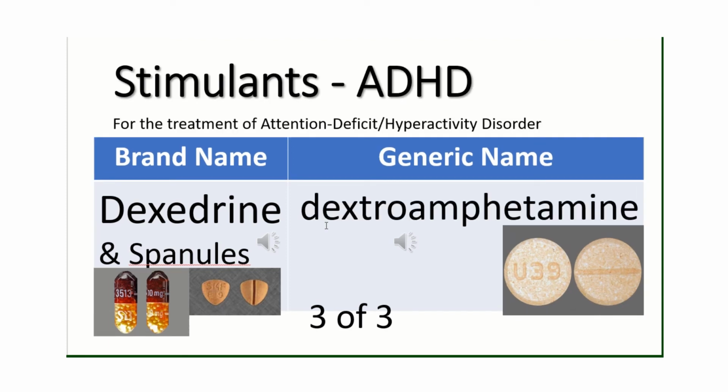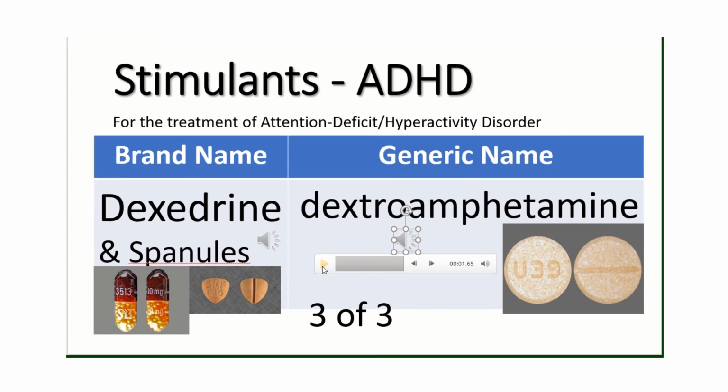The generic name for Dexedrine and Dexedrine Spansules is dextroamphetamine. Dexedrine Spansules and dextroamphetamine are stimulants used to treat attention deficit hyperactivity disorder.